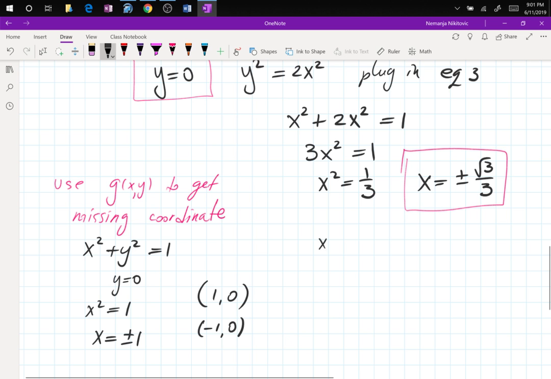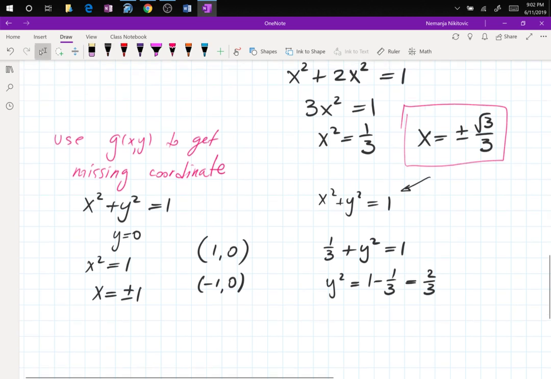Then we use x squared plus y squared equals 1. For x equals plus or minus root 3 over 3, when you square positive or negative root 3 over 3, you always get 1/3. So it's 1/3 plus y squared equals 1 for both cases. That's y squared equals 1 minus 1/3, which is 2/3.